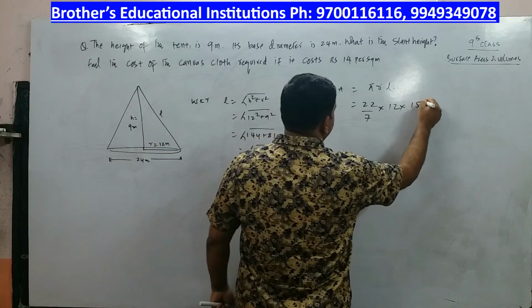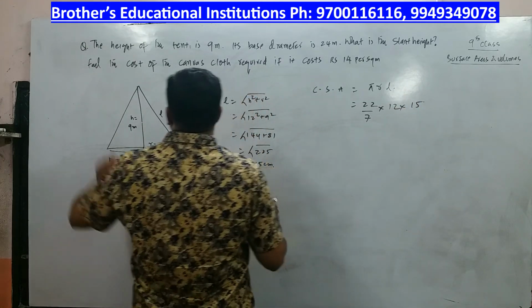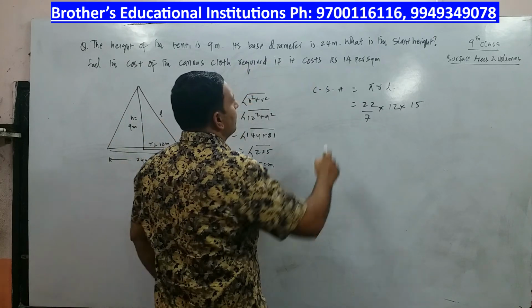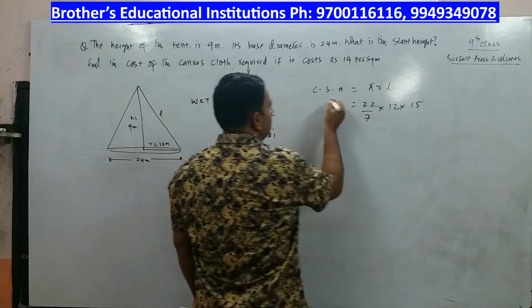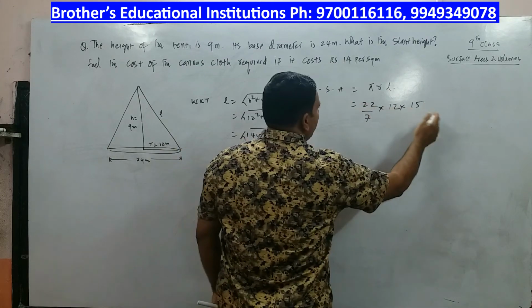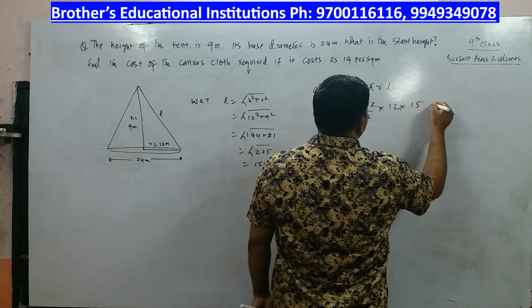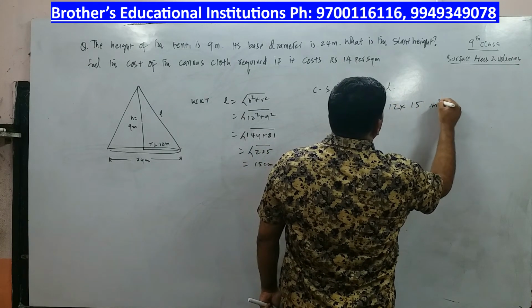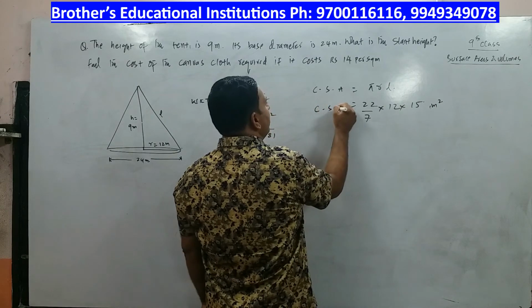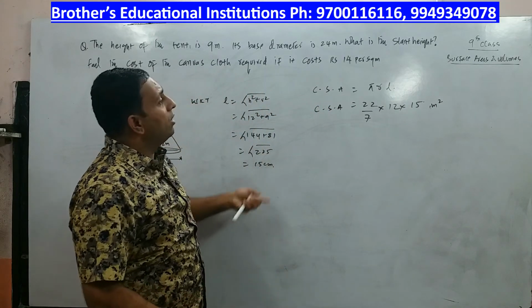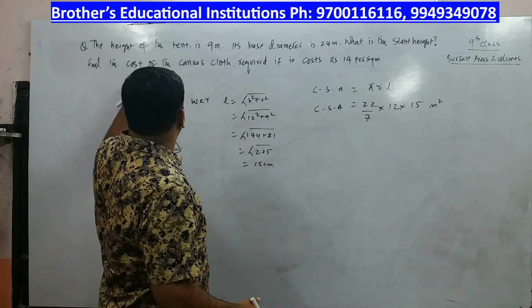All right, this is 15. So find the cost of the canvas cloth if the cost is 14 per square meter. So this is the curved surface area. So many what? I am not going to multiply because I can see 14 here. So many meter square is the curved surface area of the canvas. But what do I want? I want to find the total cost.